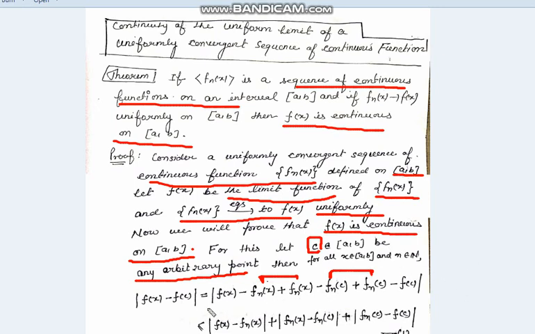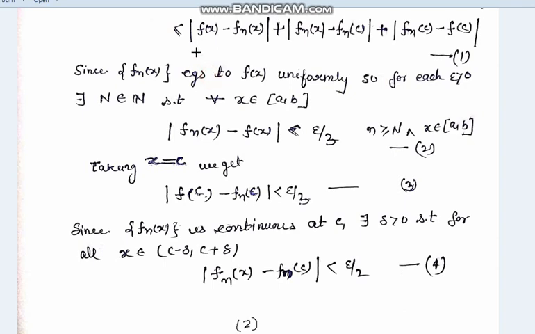After simplifying this, we get |f(x) - f_n(x)| + |f_n(x) - f_n(c)| + |f_n(c) - f(c)|, because we know that |a + b| is always less than or equal to |a| + |b|. So this is our equation number 1.